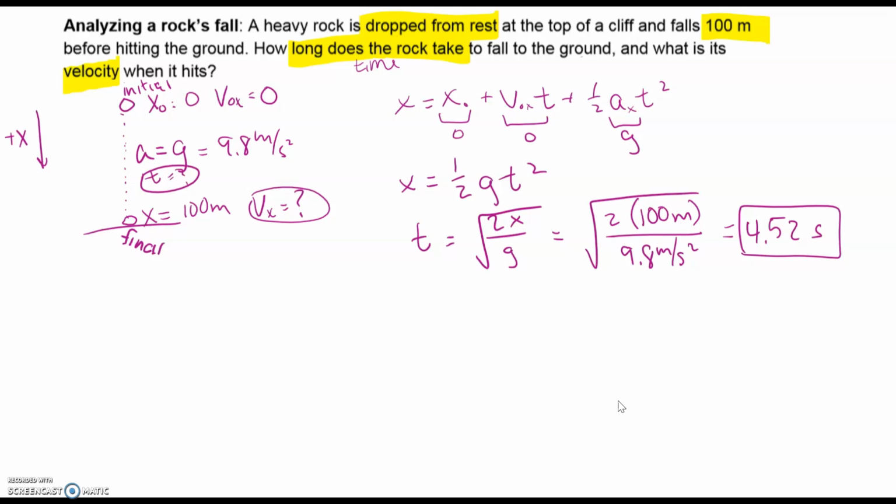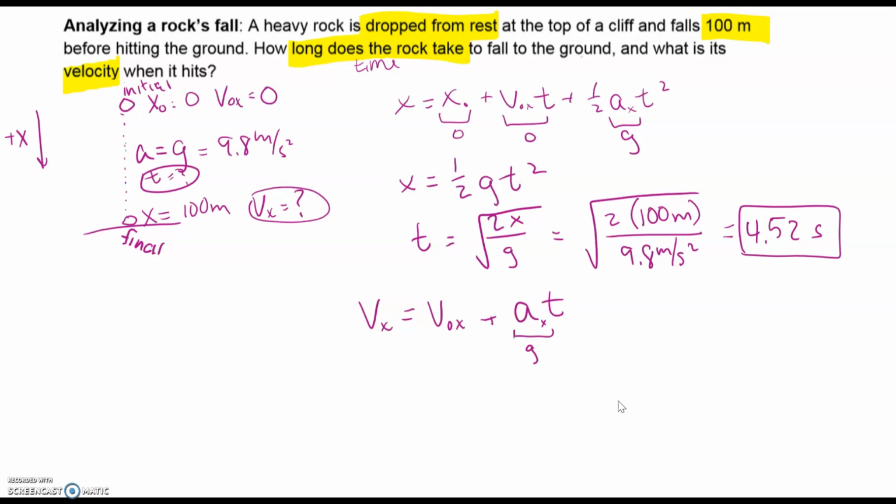All right, so let's move on. Let's find the velocity when it hits. My gut says to use the velocity equation because it's shorter. So we have our final velocity is equal to our initial velocity plus our acceleration times time.